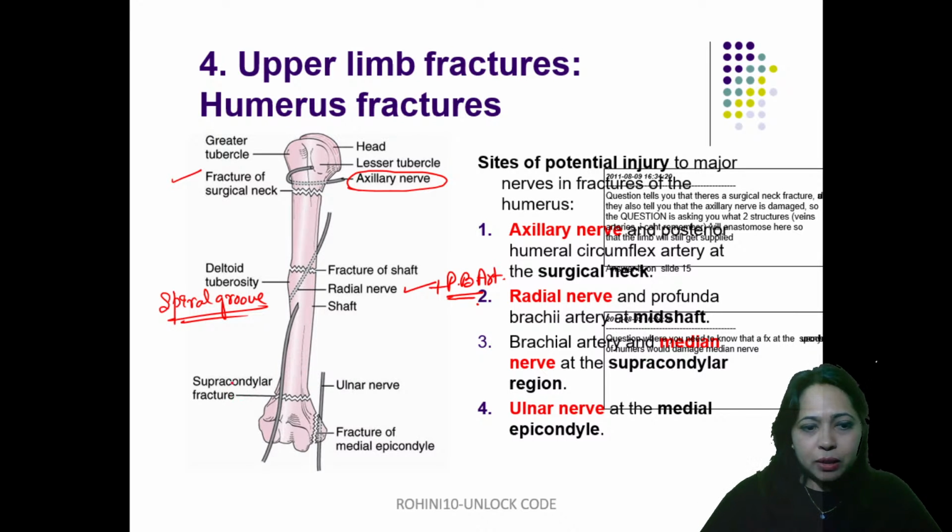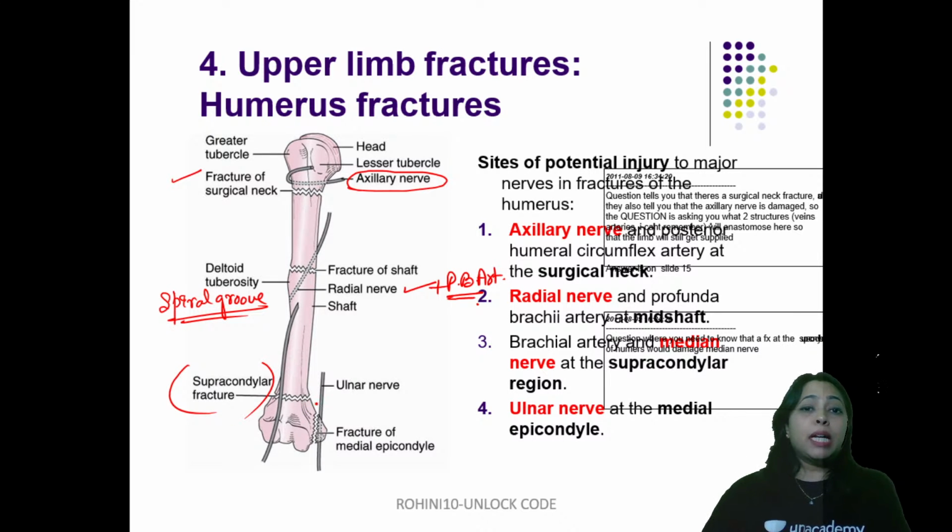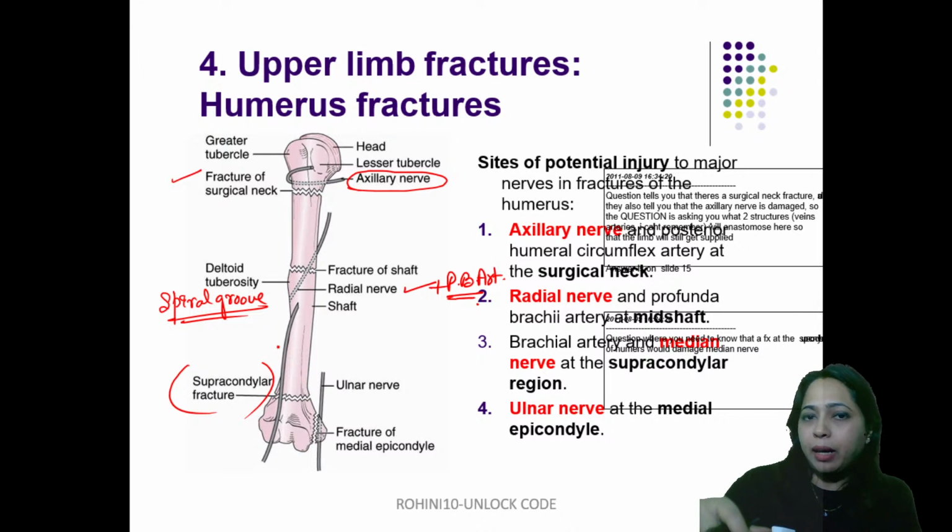Then you have the fracture in the region just above the elbow joint, that is called supracondylar fracture. Supracondylar fracture can result in damage to the important, not just the radial nerve, it could be any other structure, because the supracondylar region is quite superficial because all the tendons come there and not much bulk of the muscle is present.